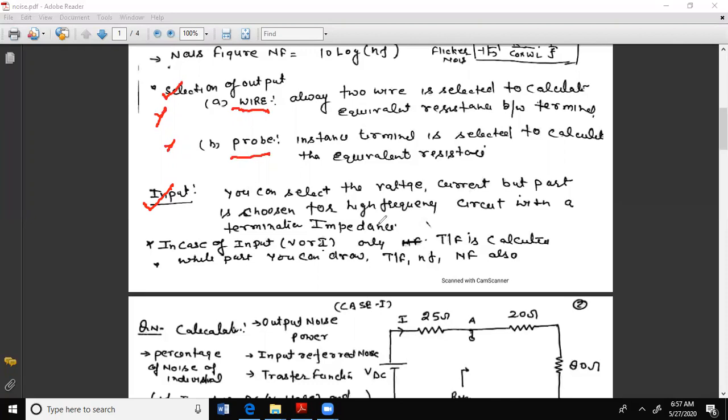So the concept of reflection also comes into existence. Generally, a port is used to find the impedance or any voltage and current at high frequency. When we select V or I as the input, we can calculate the input noise, output noise, or the transfer function. While in case of port, we can calculate input noise, output noise, transfer function, noise figure, and the noise factor.